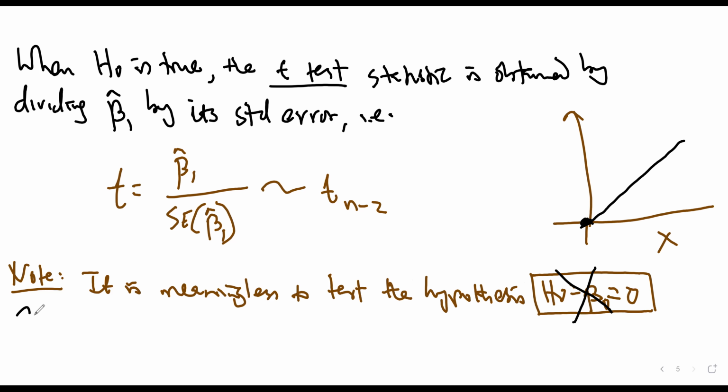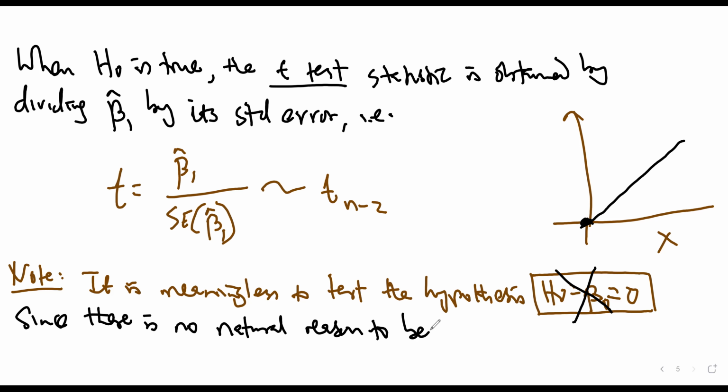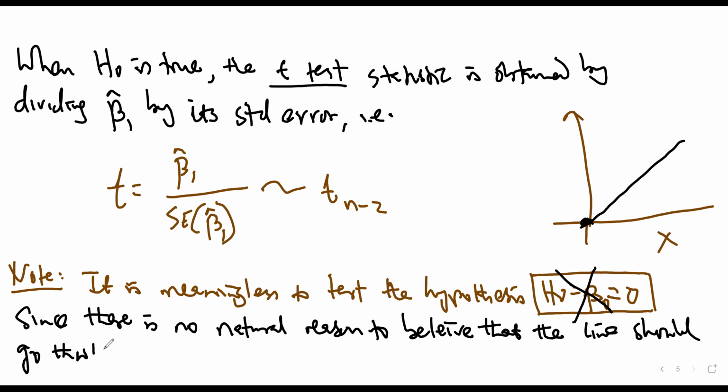So we can say that since there is no natural reason to believe that the line should go through the origin, there's no reason why we should imagine that the line is passing through the origin.